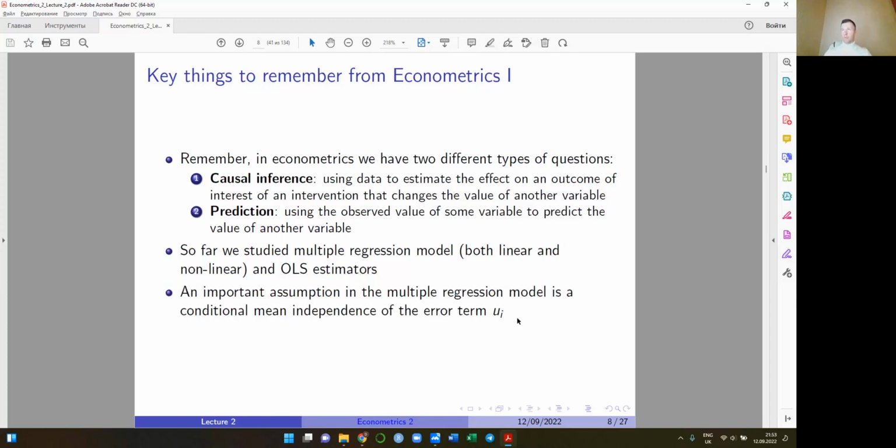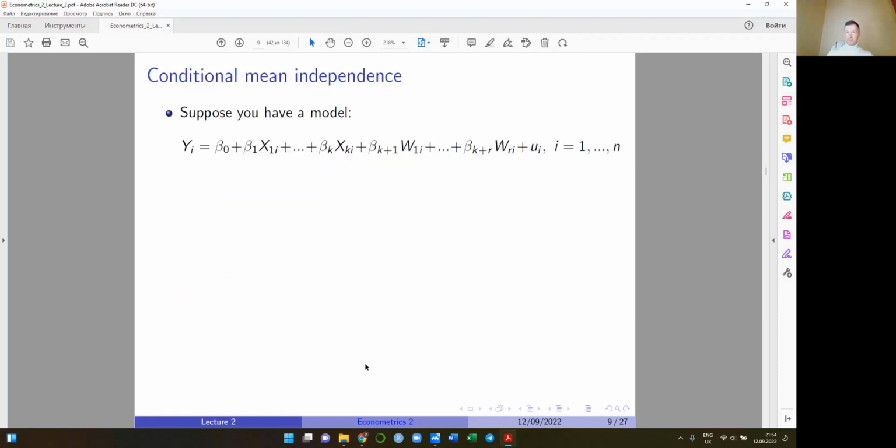The most important, untestable assumption is that the error term in the multiple regression model has conditional mean independence. We need to remember this since the second part of this course is going to be a discussion of methods for when this conditional mean independence assumption fails.